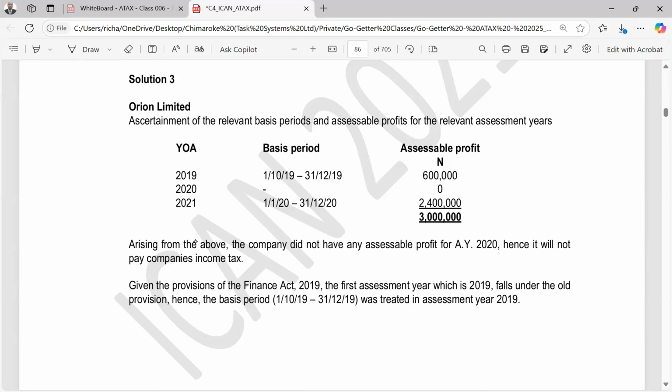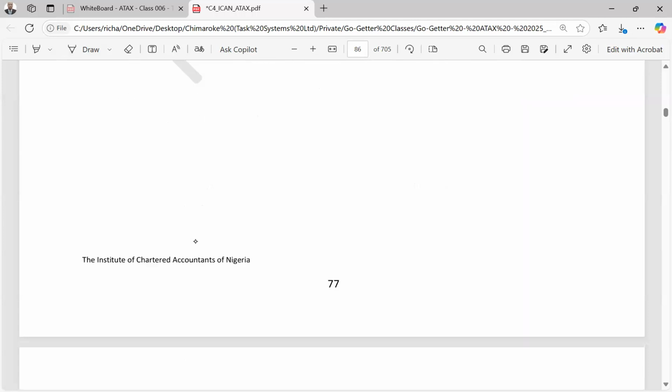So this 2019 falls in the old regime. We solved this question before. 2020, we have nothing. And 2021 will have been in the new regime. We solved this particular question before, so let's not talk about it much.